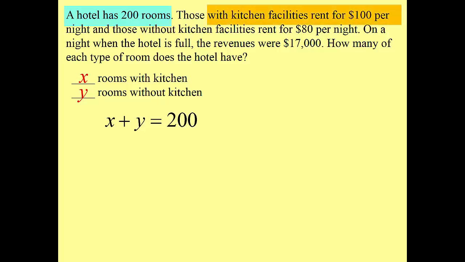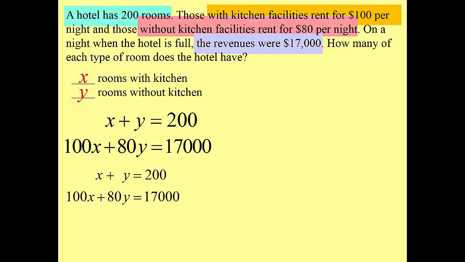Now, we know that those with kitchen facilities rented for $100 a night, and those without rented for $80 a night, and that the total sum of money was $17,000. And so we have these two equations.